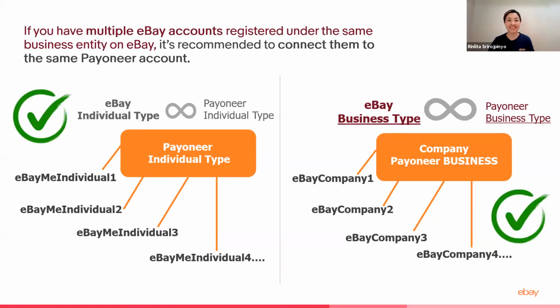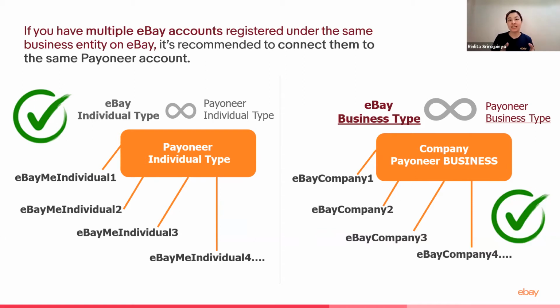This slide shows how the Payoneer accounts and eBay MP or eBay accounts can be linked. For example, if you have multiple eBay accounts, but all of them have the same entity, whether it is individual type or business type, all those eBay accounts just need to be associated or linked to the same Payoneer with the same entity and same type.